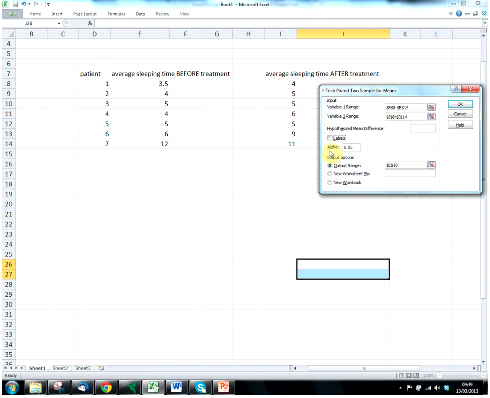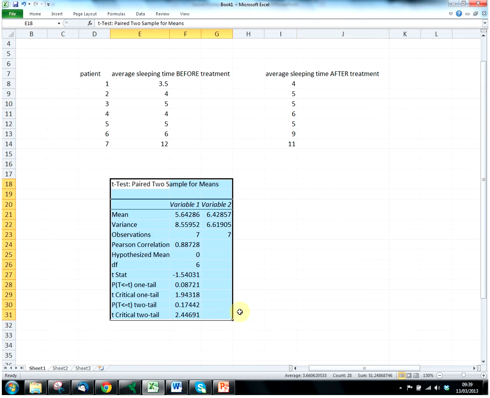And we use the critical significance level of 0.05. This is this alpha, which is 95%. We want to be 95% sure that we make the right decision. And then we just simply choose an output where we want to have it and press OK.